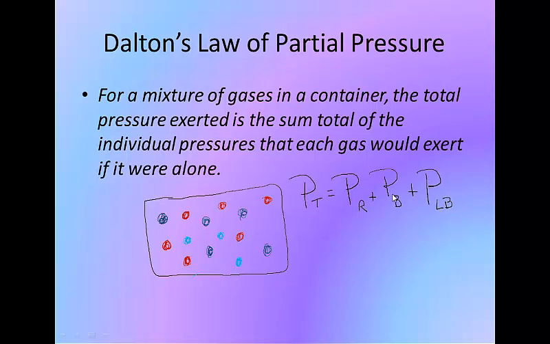So each gas will still exert its individual pressure, but the pressure of the entire mixture will be the sum of them. And they don't necessarily have to be in the same quantity. You could have more red than blue or more light blue than either two.